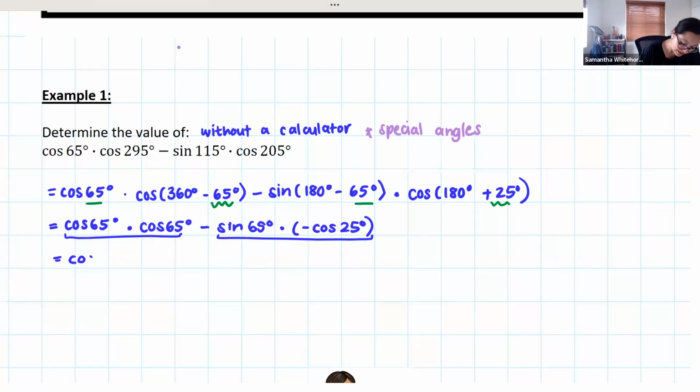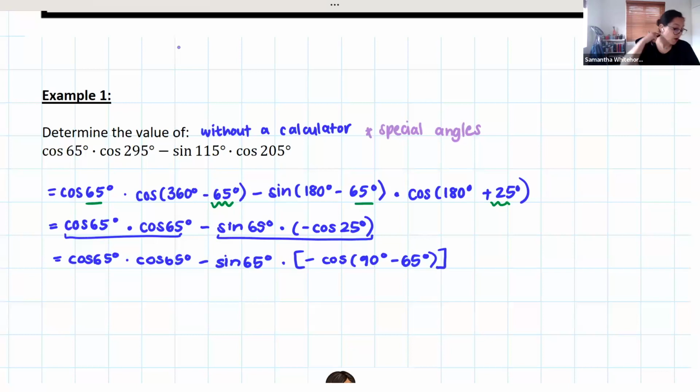If I just keep everything the same, because I'm happy with everything as it is, but now I apply a co-ratio to this last factor, I would have times negative cos of 90 minus 65. 90 minus 65 will get me the 25 degrees that I want.